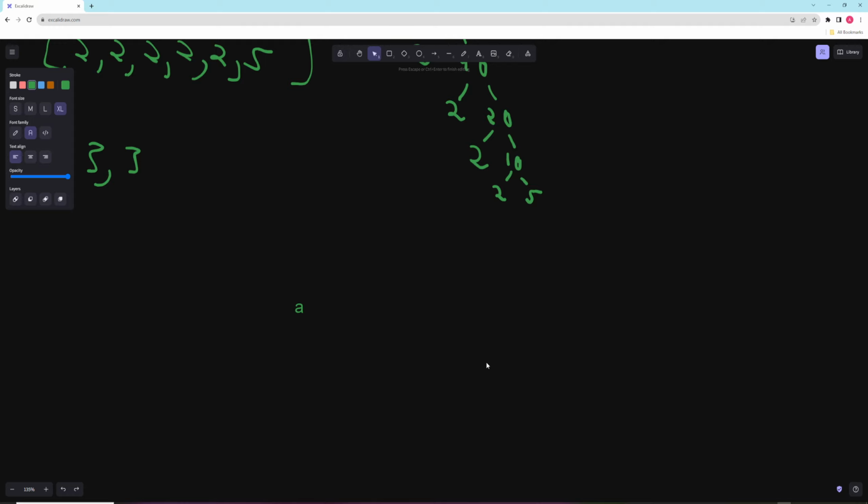So a equals b times k, right? Where a is a multiple of b. Now, what if a squared, and this was in one of the hard problems recently, is a multiple of b, right?